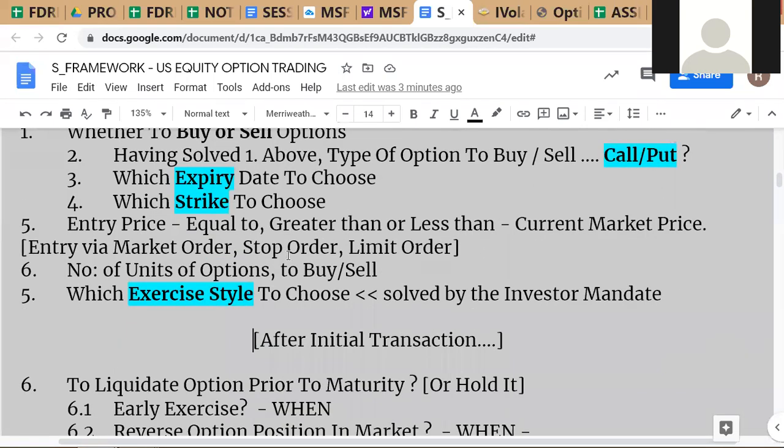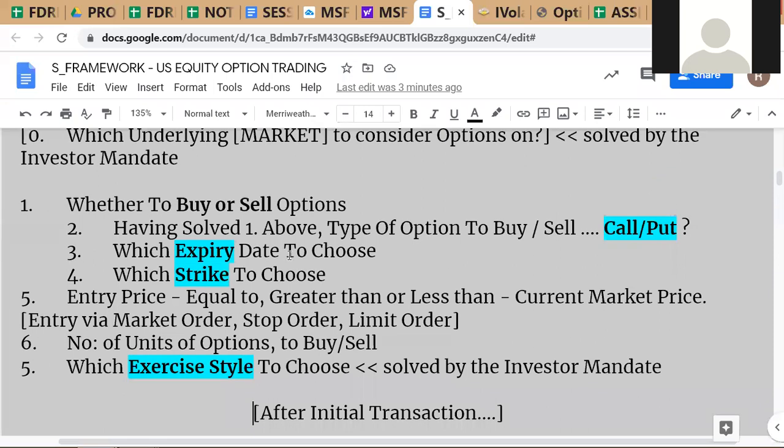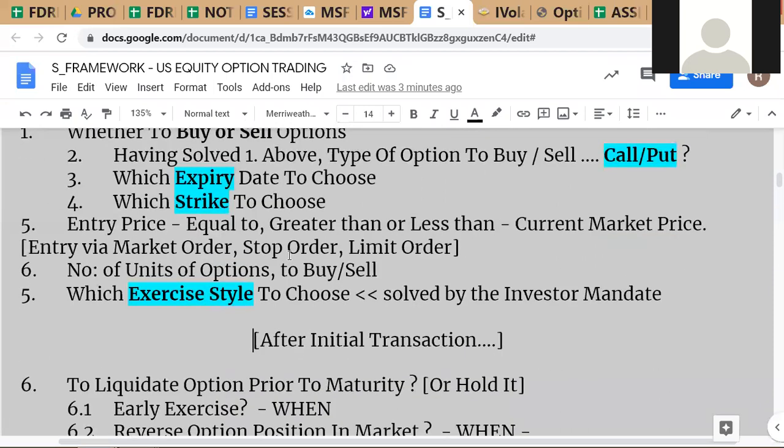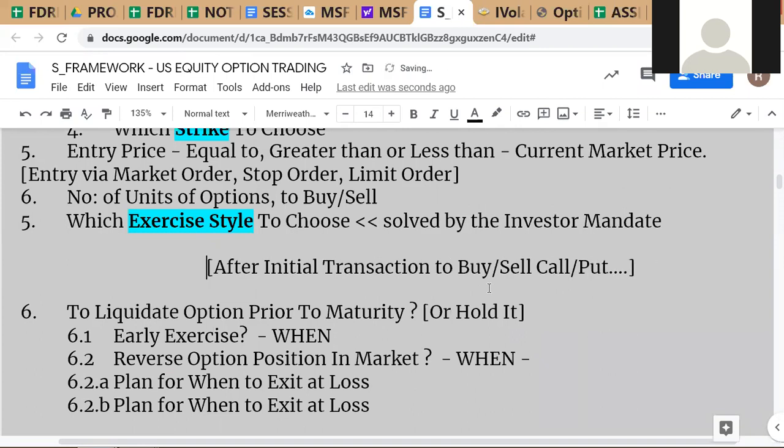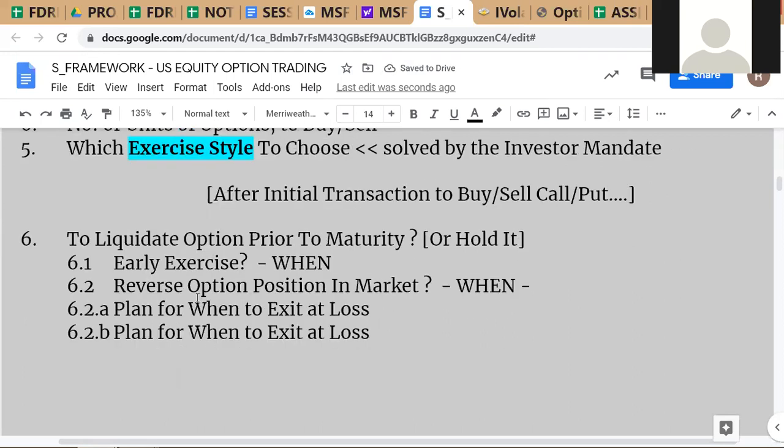Now, on the subject of additional decision problems in option trading, let's look at what comes after the initial transaction. After you have decided to buy or sell the call or put, there are some additional decisions that Siddharth was alluding to.